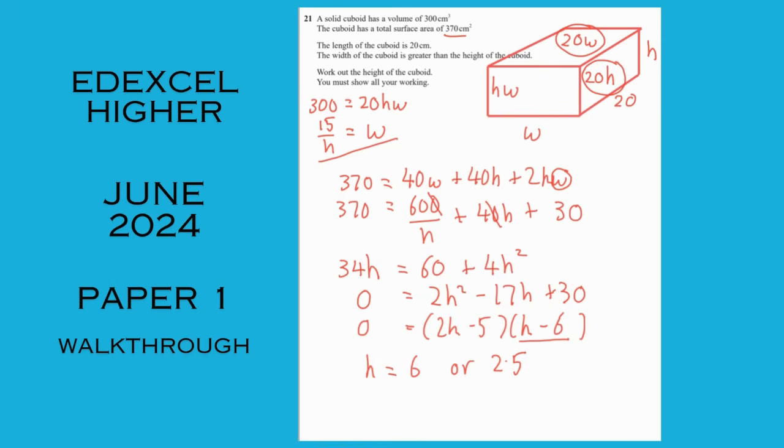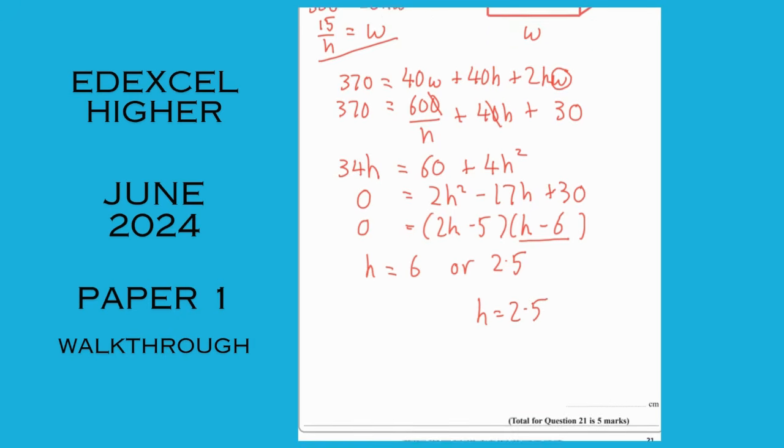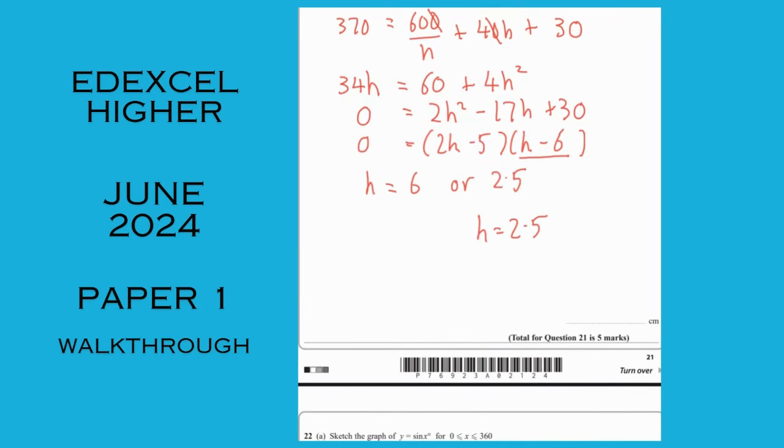The width is greater than the height. So in other words, one of these numbers is the height, one of these numbers is the width. Work out the height, that'll be the smaller of the two. So the height will equal 2.5 centimetres.